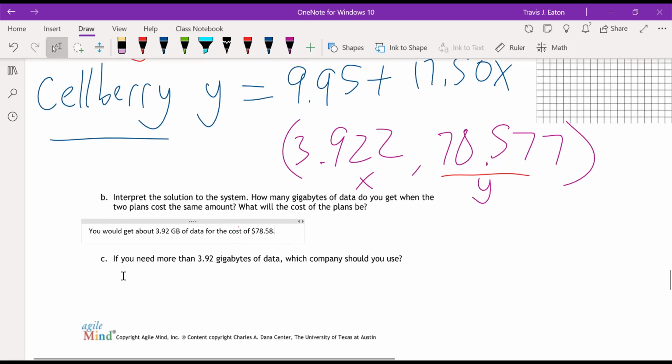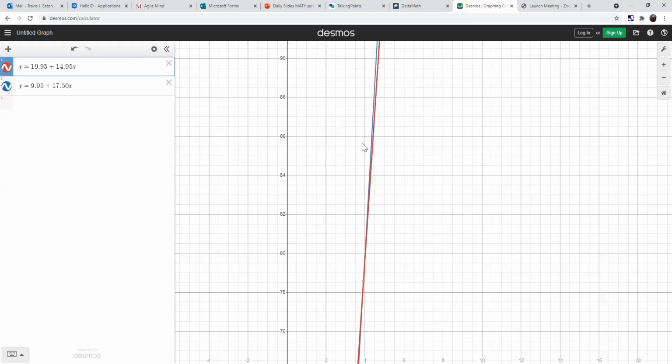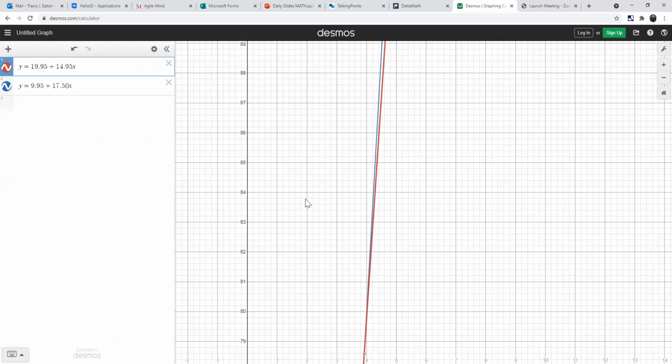So now if you needed more than 3.92 gigabytes of data, which company would you choose? Well, let's go back to our data on Desmos and look at the lines again. You can see as we move further and further in here, the red line is Unitel and the blue line is Cellberry.